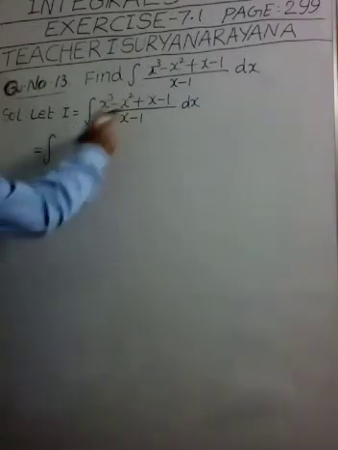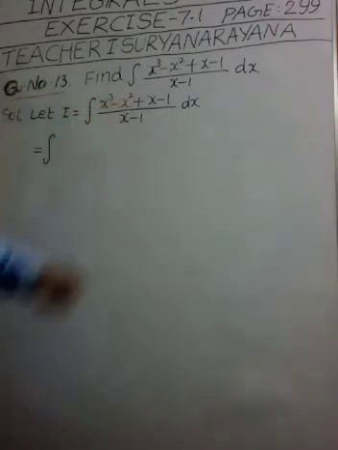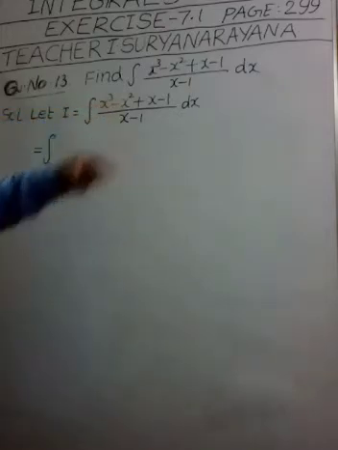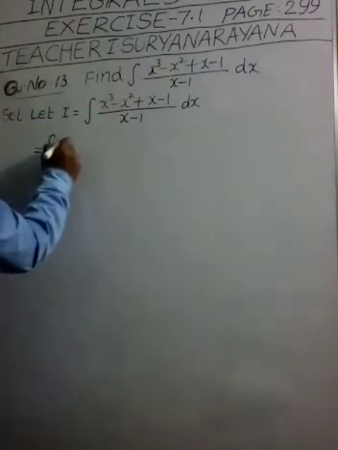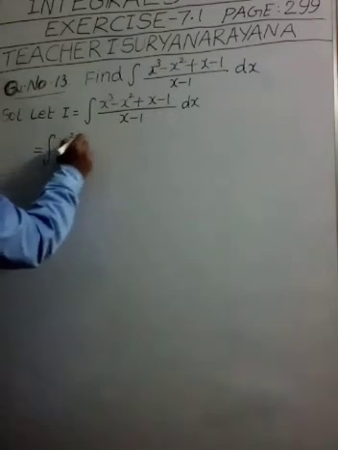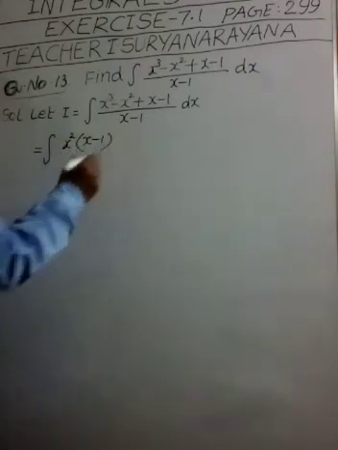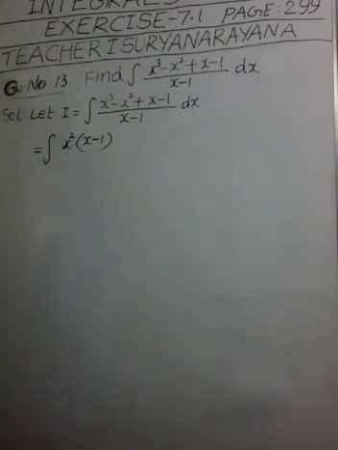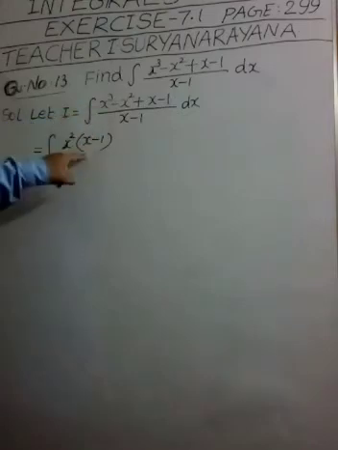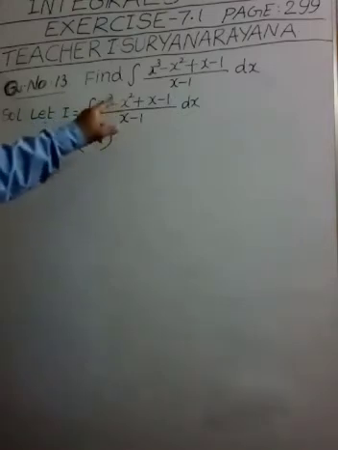If you observe the first two terms, the common factor is x square. We can take it out. So x square into, from the first two terms, I have taken out the common factor x square. Then what will you get? x minus 1, from the first two terms only.